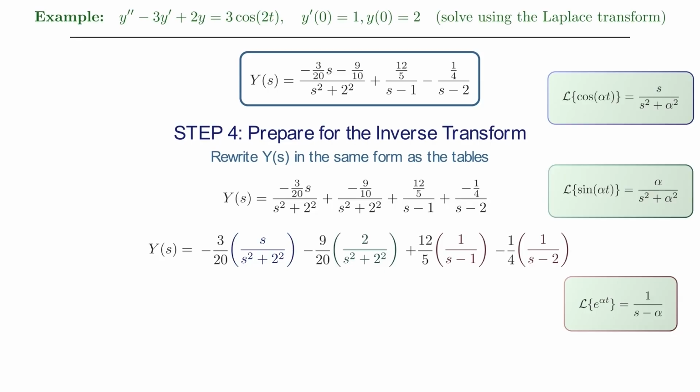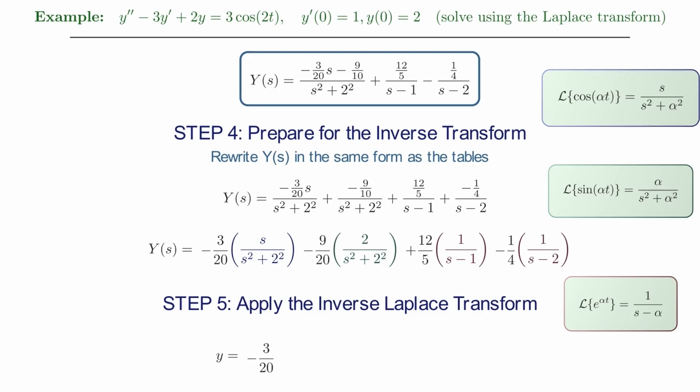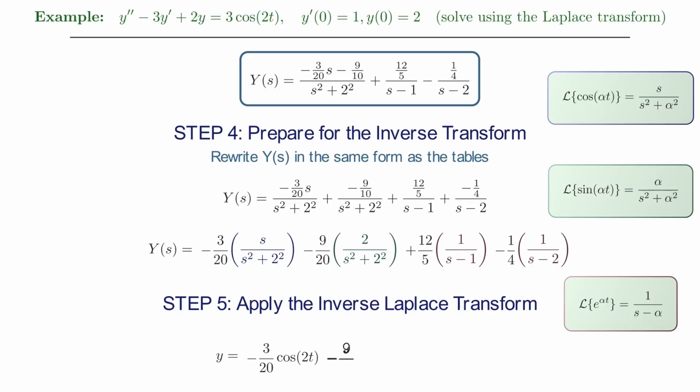And now we can do the inverse Laplace transform of each of these terms individually. So the inverse Laplace transform of capital Y of s is just y. And this is equal to minus 3 over 20. We said that that first bracket was equal to cos of 2t because alpha is equal to 2. The second term is minus 9 over 20, and inside the bracket, all of that, the inverse Laplace transform is sine of 2t.